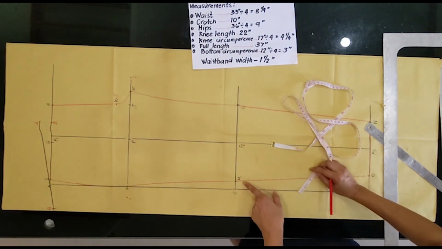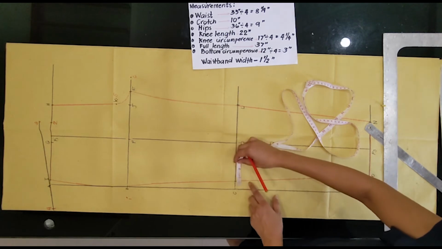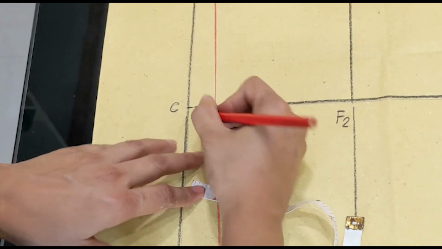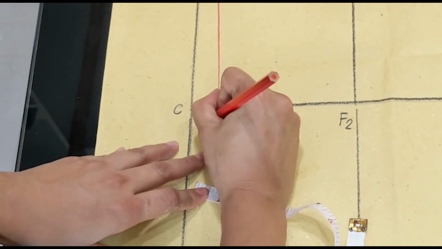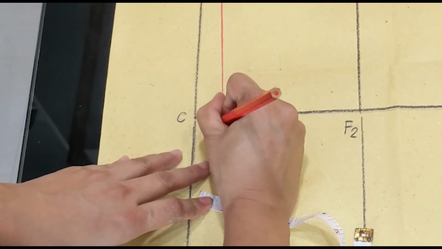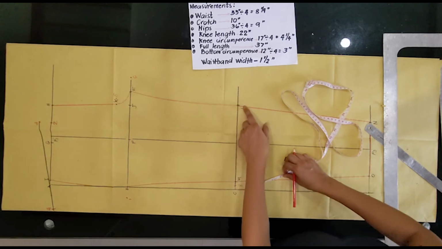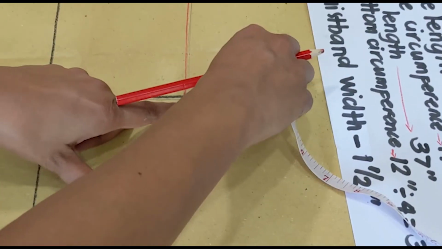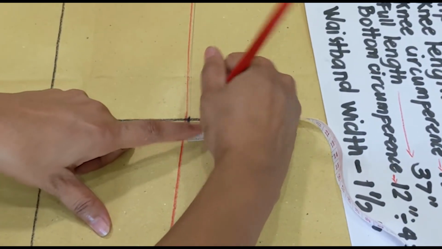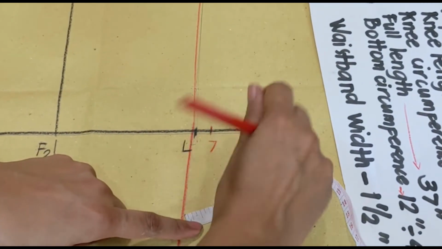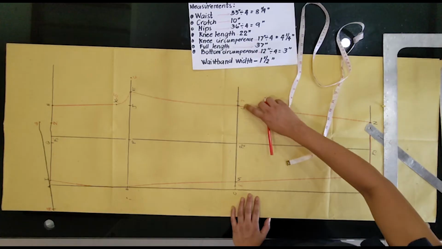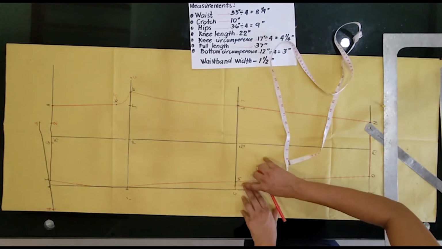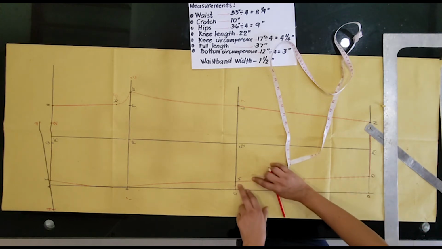From L going outside is point number 7. From M to 8 is 1/2 going outside. This is point 8.